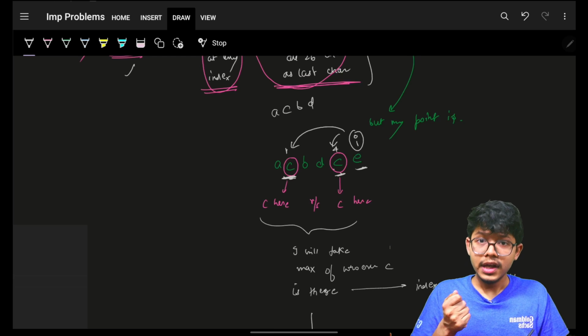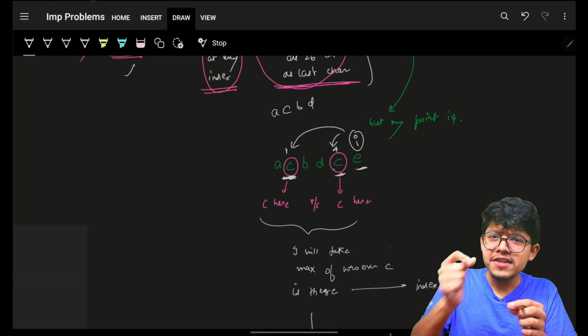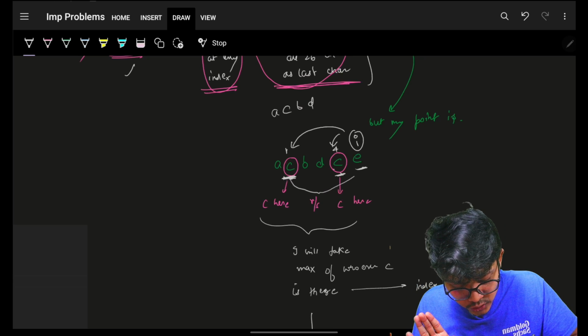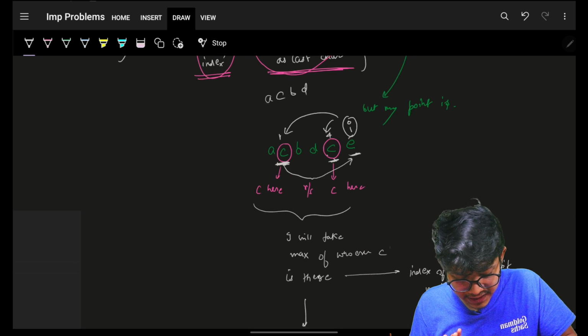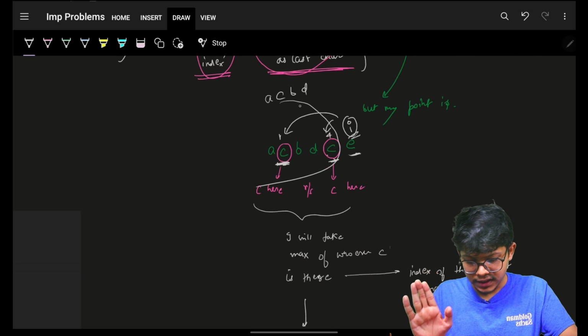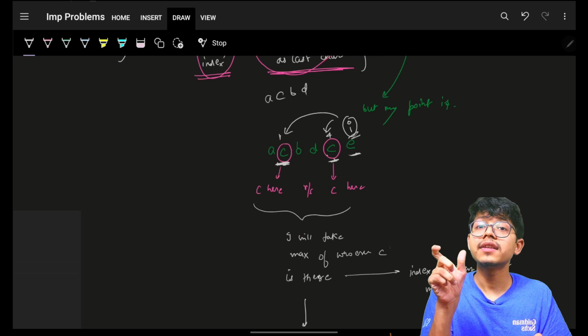I'm not concerned about which character is at which index. I'm concerned about which character can actually help me get my maximum length. So for all these previous indexes, I'm not concerned about the index itself; I'm concerned about the character value.